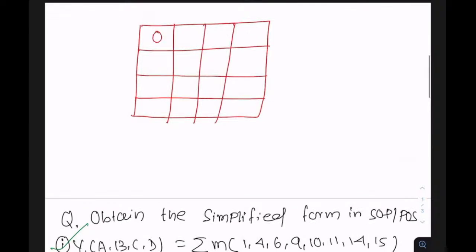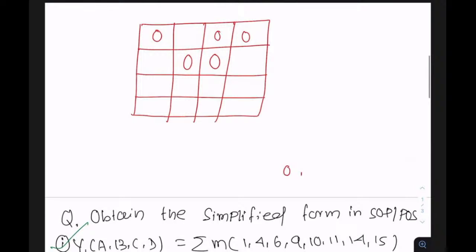Max terms: 0, 1, 2, 3, then 4 is here, 5, 7. So what are the max terms actually? Max terms are the missing indices: 0, 1, 2, 3, 4 is present, 5, 7, 6, then 8, 9, 10, 11, 12, and 13.